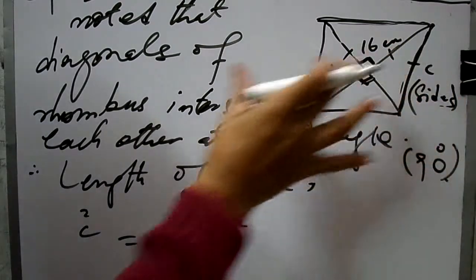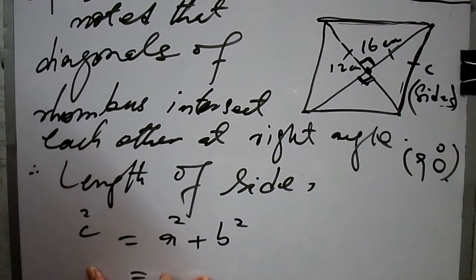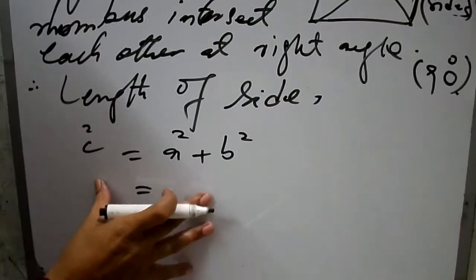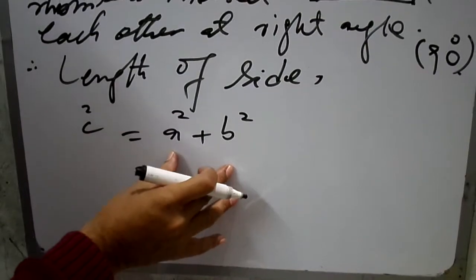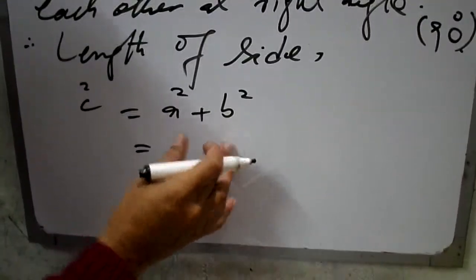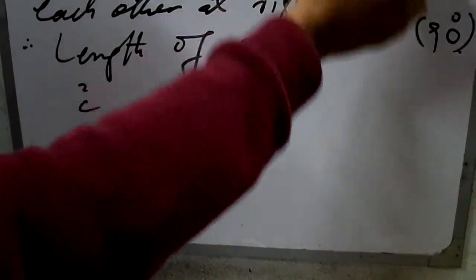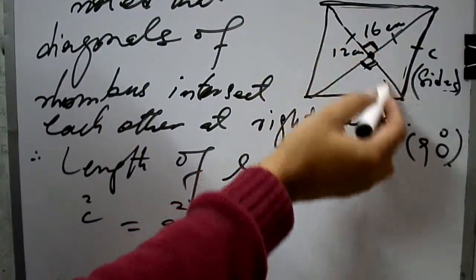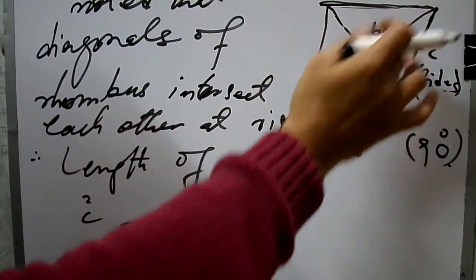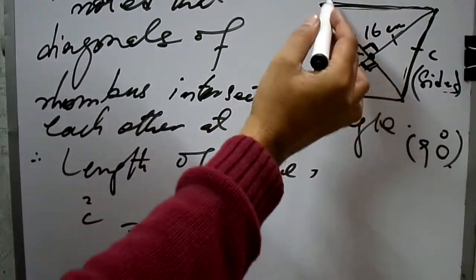So that's why we are going to calculate by using the Pythagoras theorem. c square is equal to a square plus b square. So putting the values, but in a rhombus it should be noted that the diagonals intersect and the value becomes half.